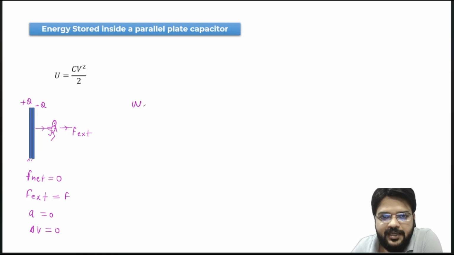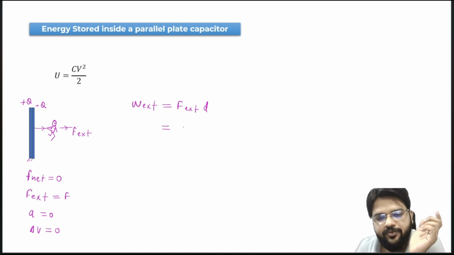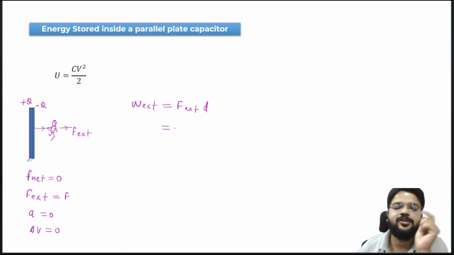Okay, so work done by the external agent can be written as force, and let's suppose the separation between the plates is D. So external force into displacement in the direction of external force. We will multiply both of these, and let's see what we get. What is the external force? How much external force is acting on this plate?